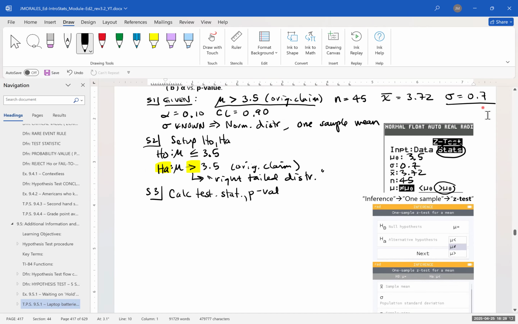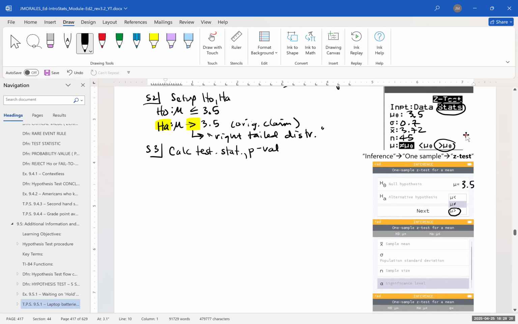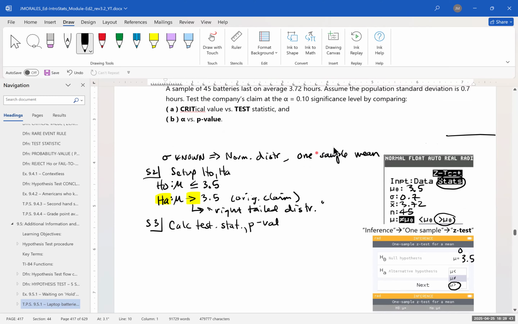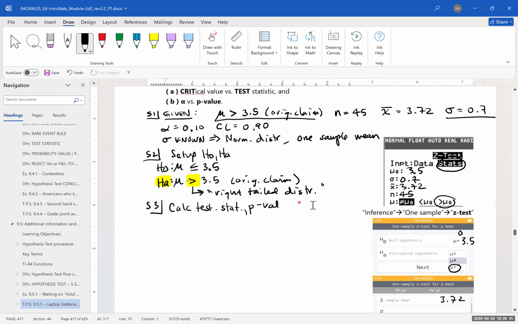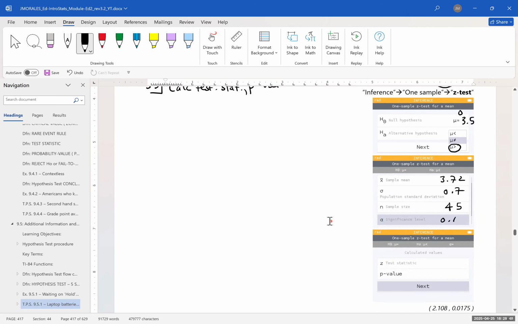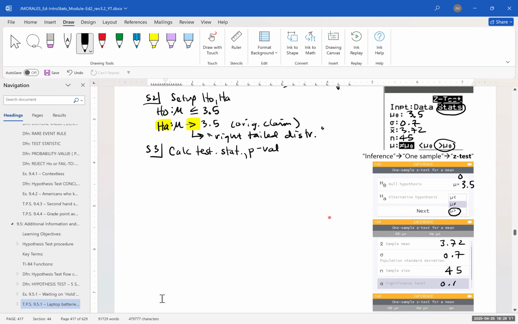With the NumWorks, this is going to be 3.5 like that, and mu greater than 3.5. Then we've got a sample mean of 3.72, standard deviation of 0.7, sample size of 45, and a significance level of 0.10, 10%. So we'll put those values in.